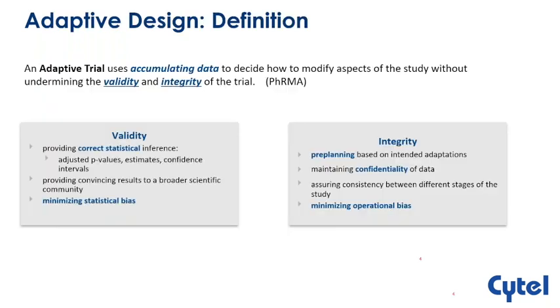So we start with that general overview of adaptive designs, and the definition, the pharma definition that appears in regulatory guidances, is along the lines of the following. An adaptive trial uses accumulating data to modify aspects of the trial without undermining the validity and integrity of the trial.